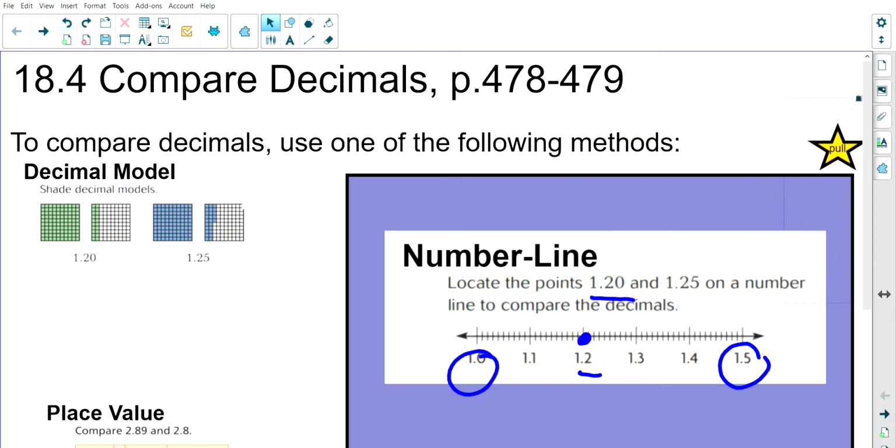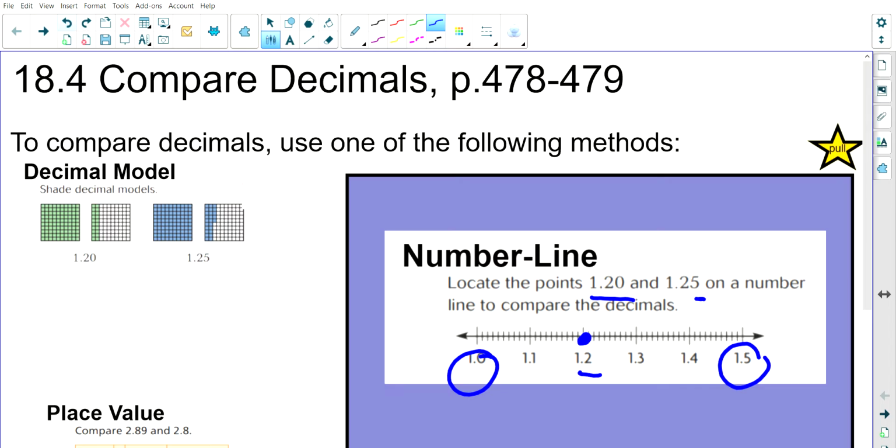So next I have 1 and 25 hundredths. I know that that's beyond 1 and 2/10. It's somewhere between 1 and 3/10. I can tell this 5 tells me that it is 5 tick marks in from 1 and 2/10 because this is 1 and 20 hundredths.